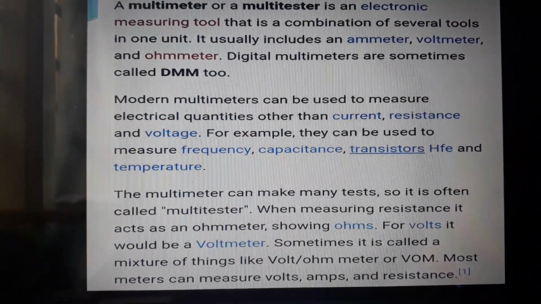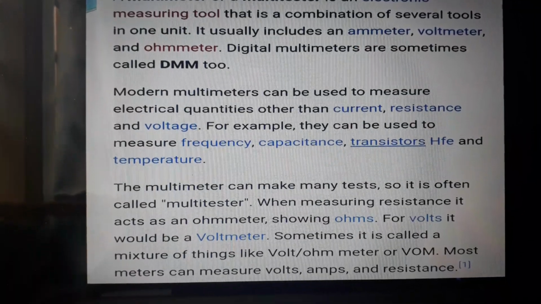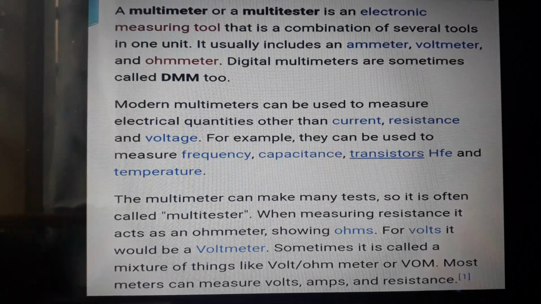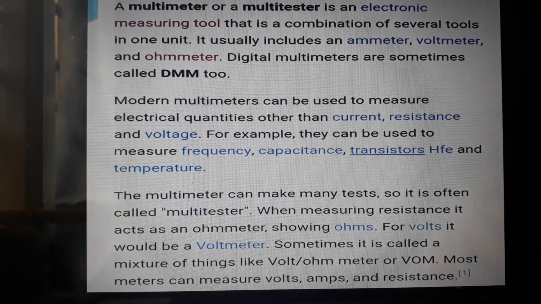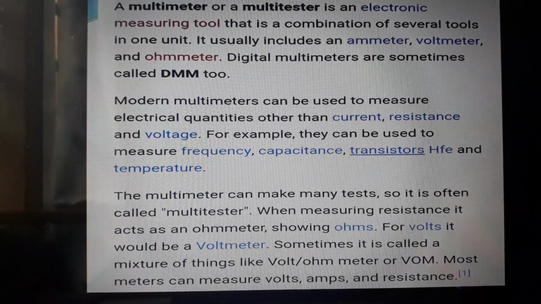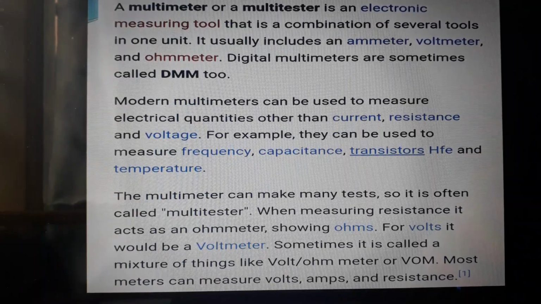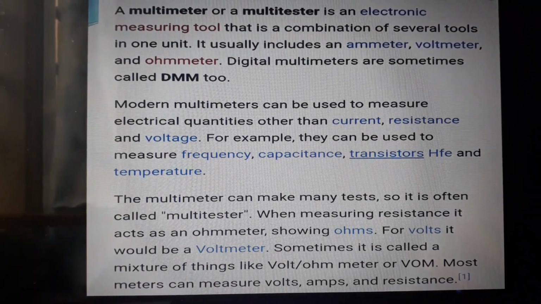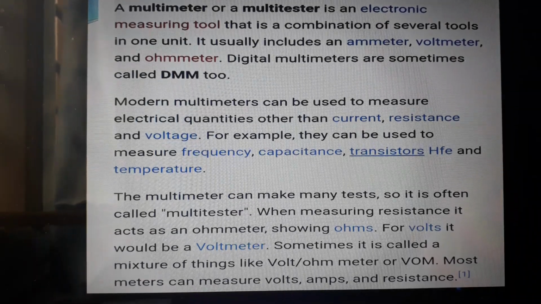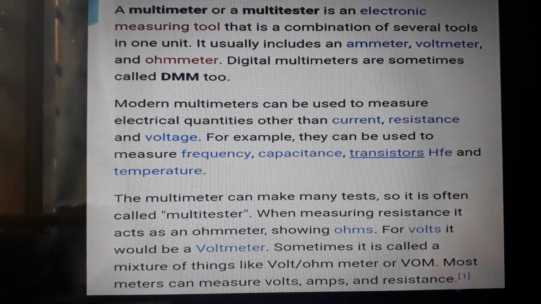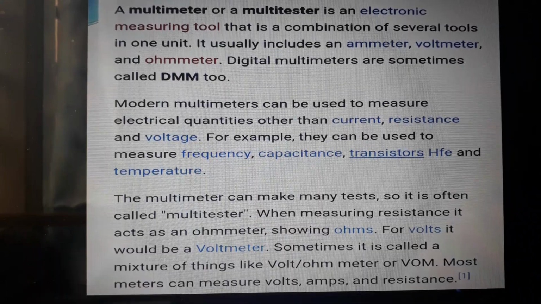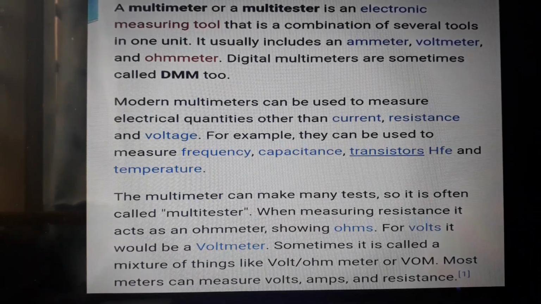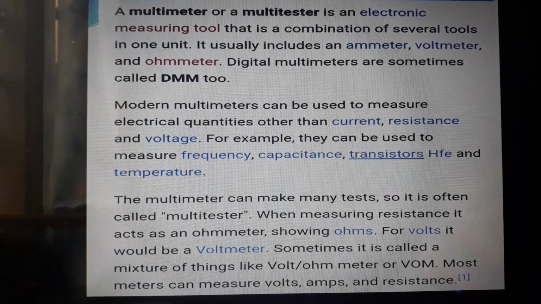Modern multimeters can be used to measure electronic quantities other than current, resistance and voltage. For example, they can be used for calculating frequency, capacitance, transistor HFE and temperature.